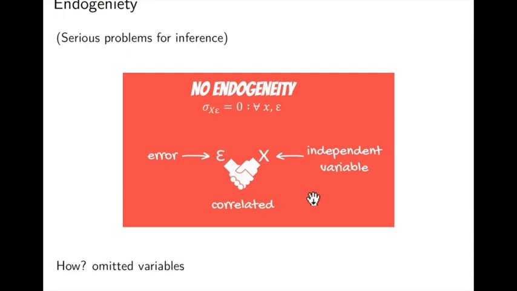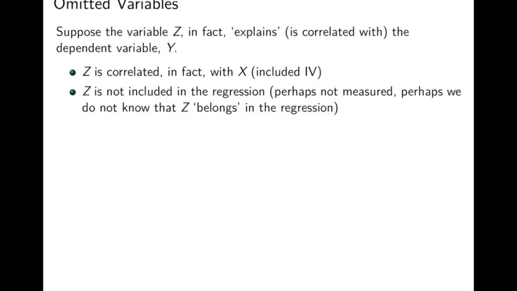Well, one such way is via omitted variables. So imagine that there's a variable called z, and that z explains the dependent variable y. So imagine that ability helps predict wage. And further imagine that ability is in fact correlated with the included variable.